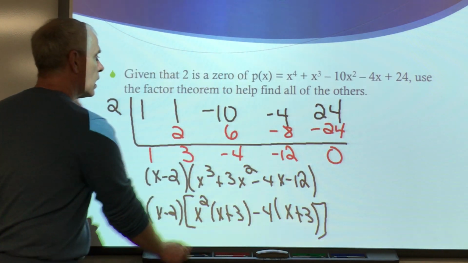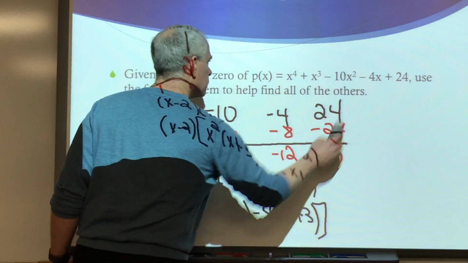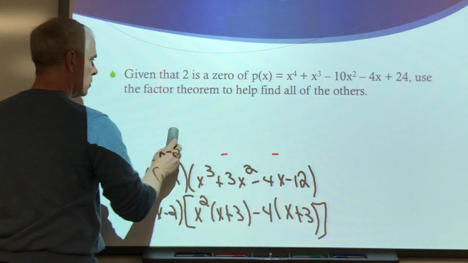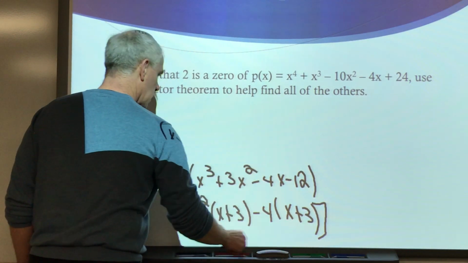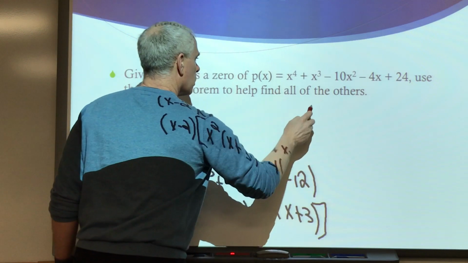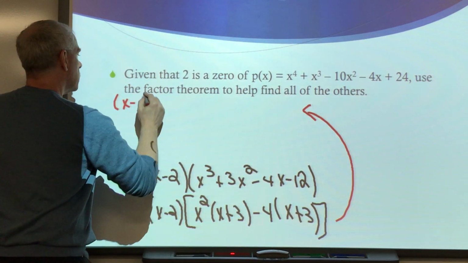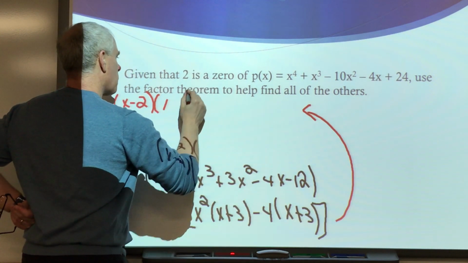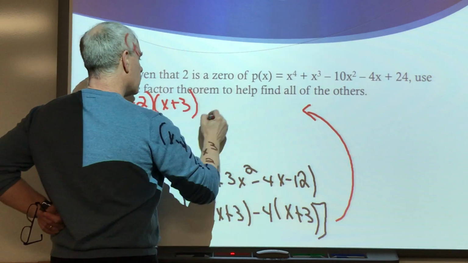Running out of room, so I'm going to erase some of what's above it here. Let's move this up. So then I've got an x minus 2. Both of these have an x plus 3, and I'm left with x squared minus 4.